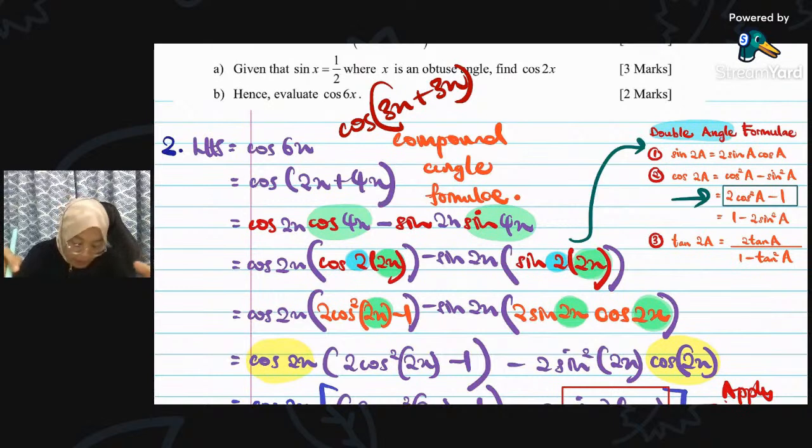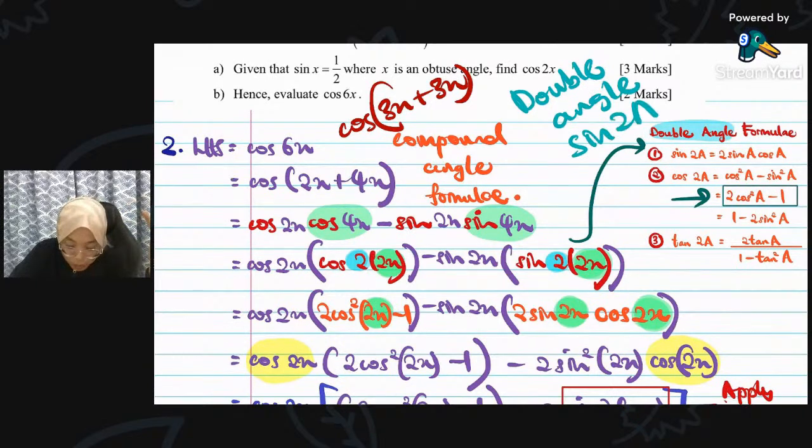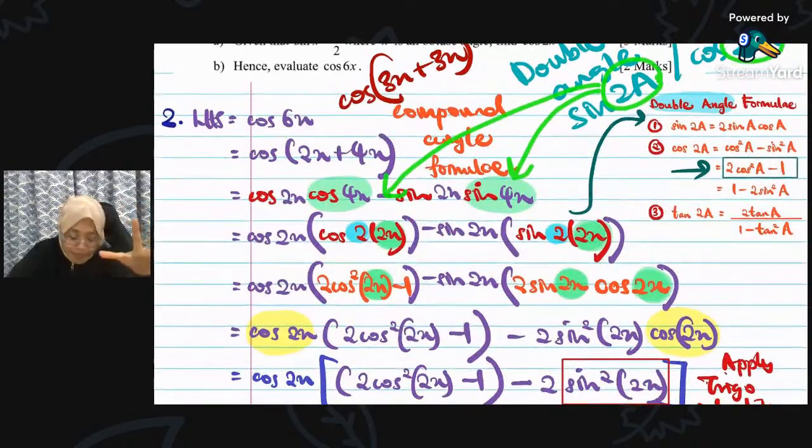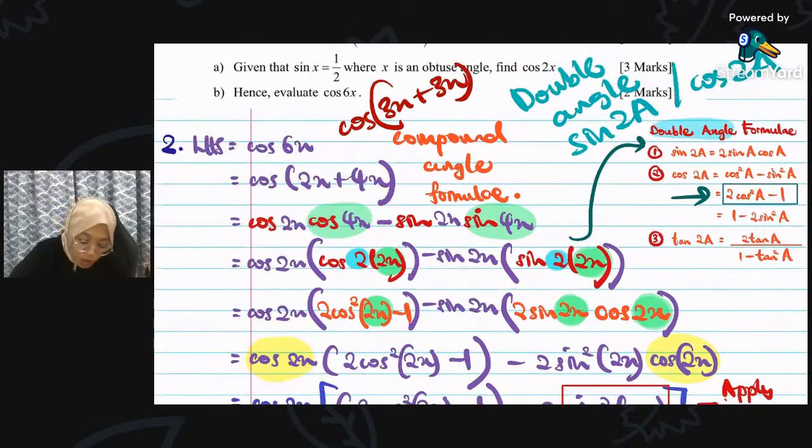It's just because of the formula. Okay guys, we have a double angle formula, right? We must remember what formulas we have. We have double angle, which is sin 2a or cos 2a. Only double angle gives us a formula we have memorized. So we must change the number into an even number, not an odd number. Understand? That is one of the tips.